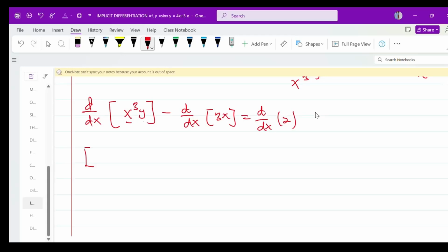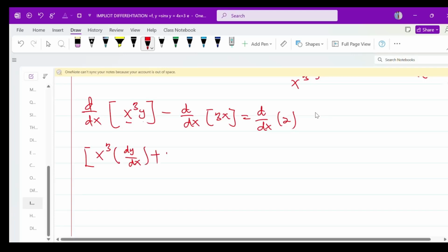So here we hold x cubed constant. Then we differentiate y with respect to x, plus we hold y constant. Then we differentiate x cubed with respect to x, which will give us 3x squared.